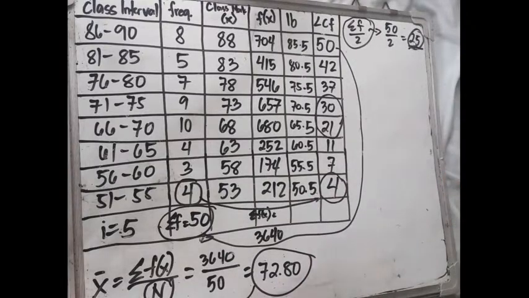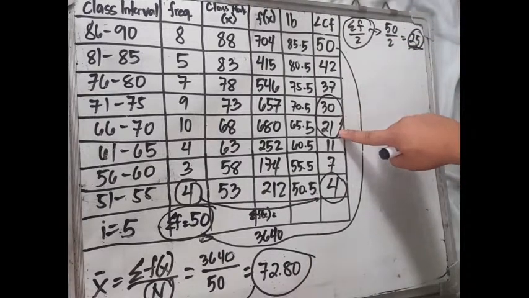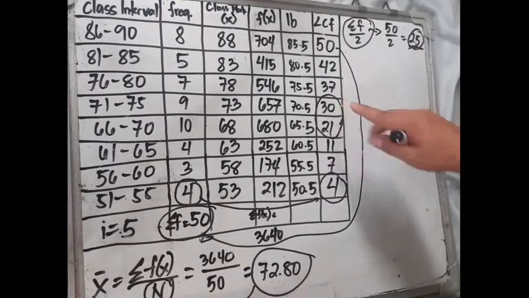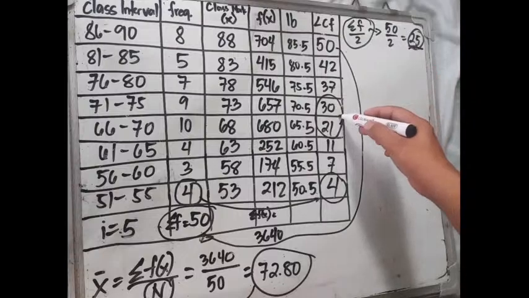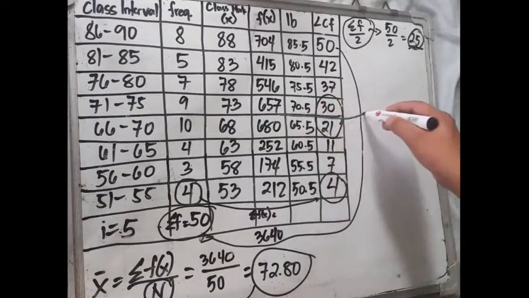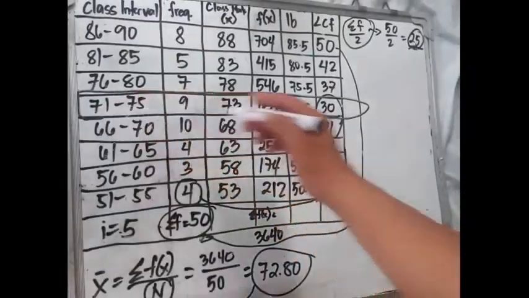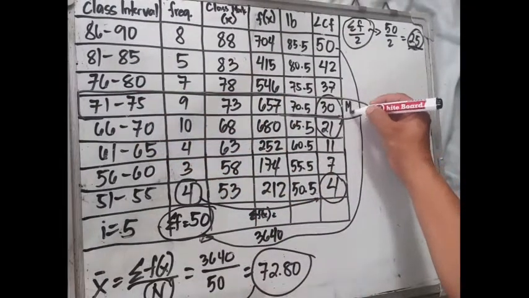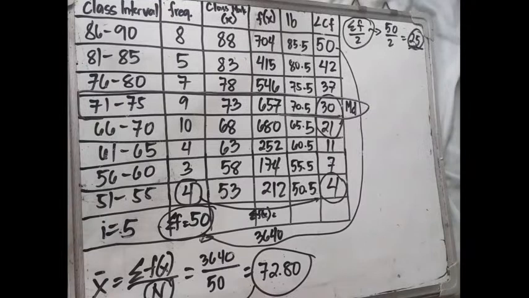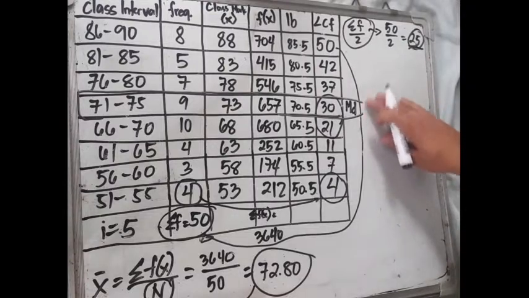So mas malaki pa sa 25. Mas malaki sa 25, 21 ba o 30? So greater than 25, and that is 30. So ito na yung median class, greater than 25. Okay, so we will use the formula.